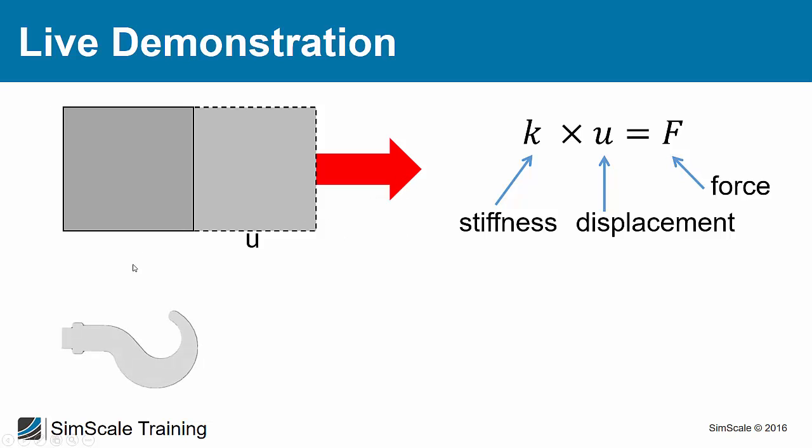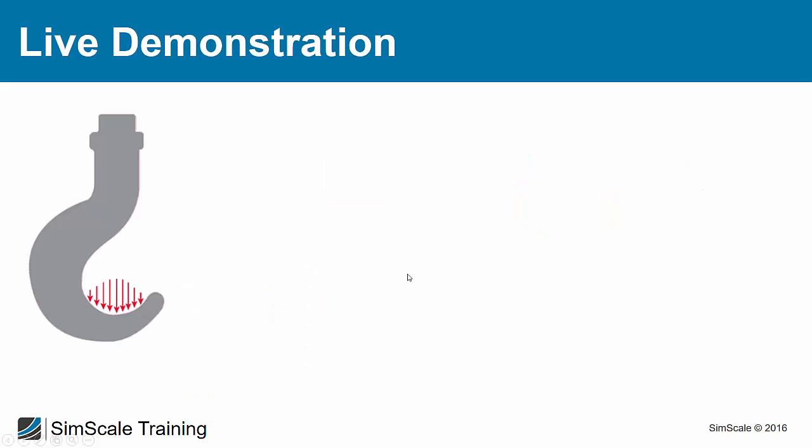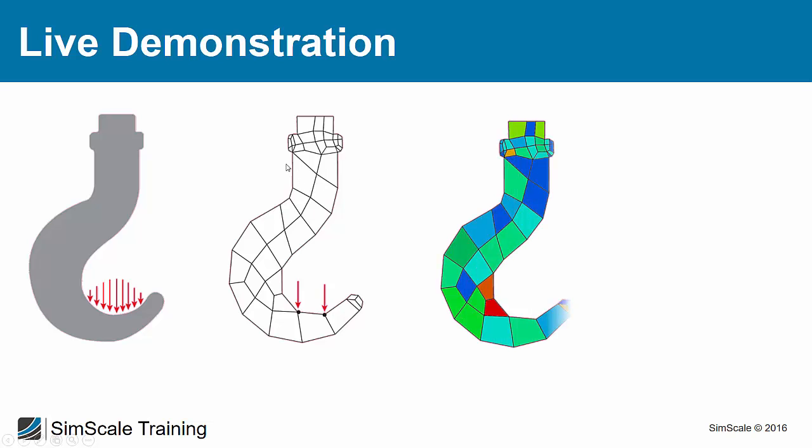Now just imagine you have a much more complex geometry and you would like to apply the same approach. What would happen? Can you just apply it like this? The answer is not directly, but what you can do, imagine you have this bigger real-world object with even different loads on it, is divide it up into a lot of cells, which is quite similar to the process of meshing for CFD.